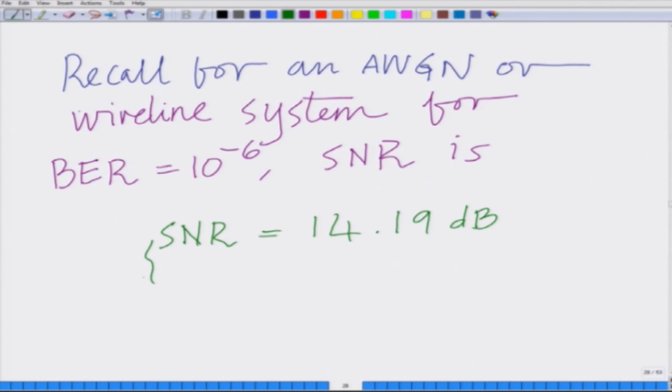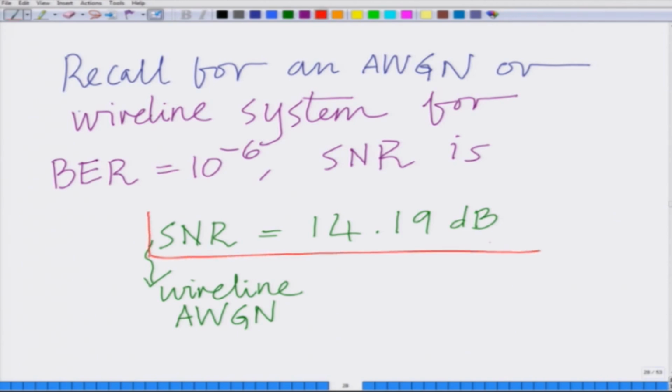So, this is the SNR for our wireline or AWGN channel, that is, a conventional wireline channel, not a wireless system, which can be modeled as a simple AWGN channel.